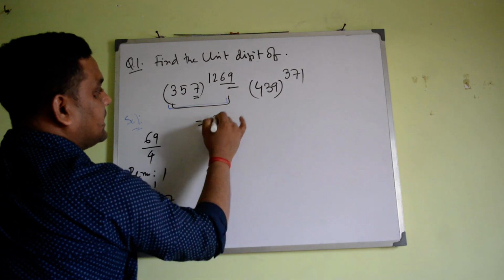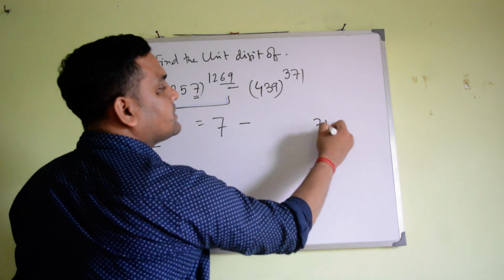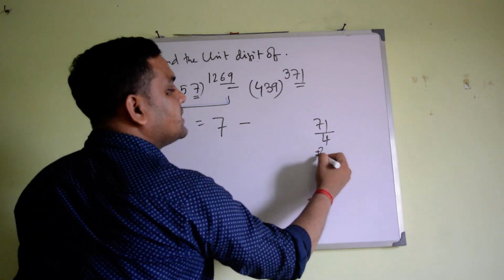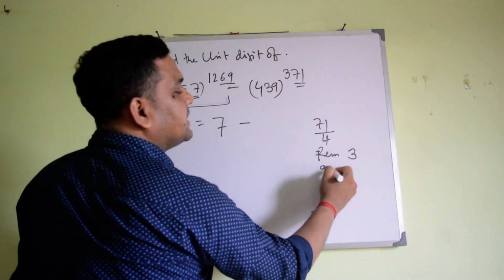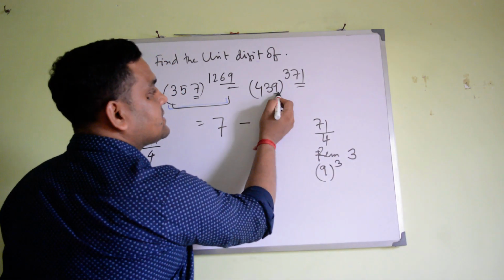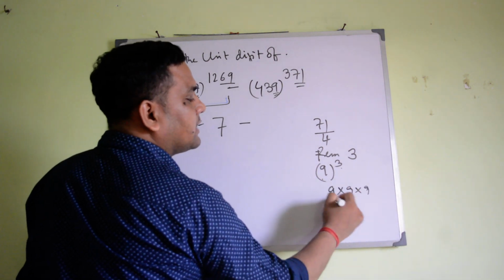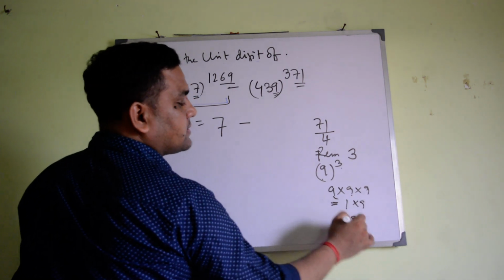So the unit digit of that number is 7. Minus, what is the unit digit of that number? So the last two digits are 71. So 71 divided by 4. What is your remainder? Remainder is 3. So what is your unit digit? The last digit is 9 whole to the power 3. So 9 into 9 into 9. 9 times 9 is 81, so 1 into 9, that is equal to 9.